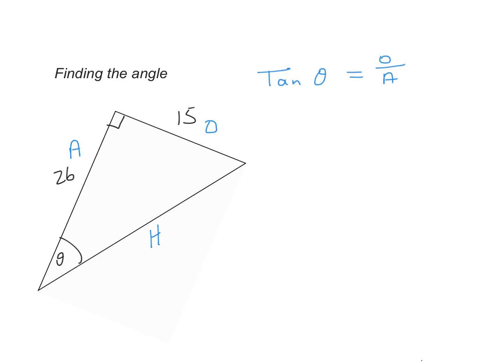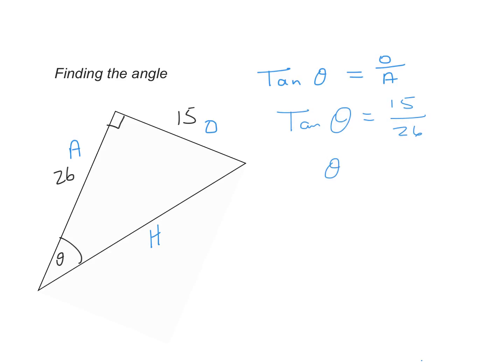Right, well, the first thing I did is I labeled my triangle, and I know this one has to be my opposite because it's opposite the angle. This is the adjacent, and obviously the longer side has to be the hypotenuse. I know adjacent and I know opposite, therefore the rule has to be the tan rule. So tan of the angle equals the opposite, which is 15, over the adjacent, which is 26.